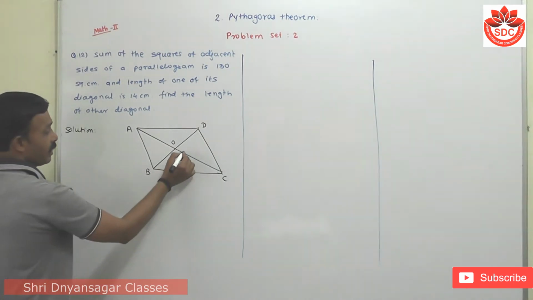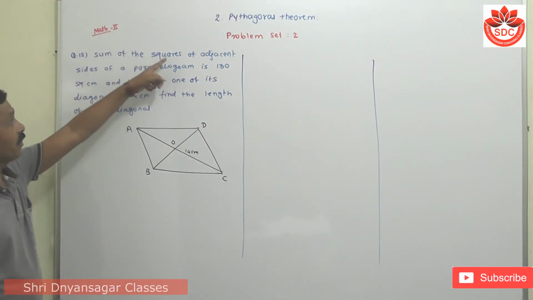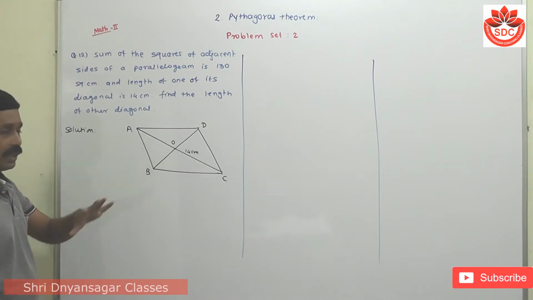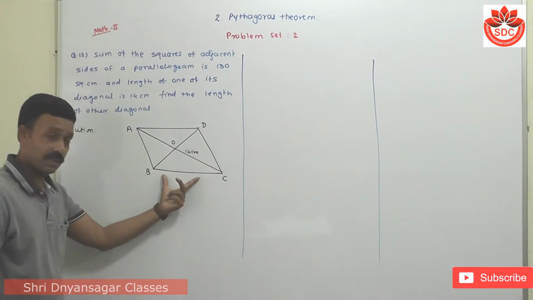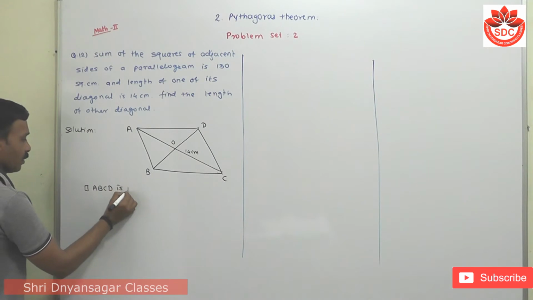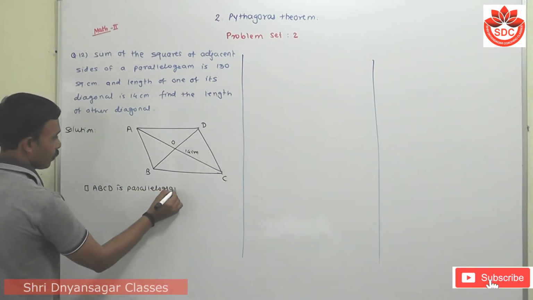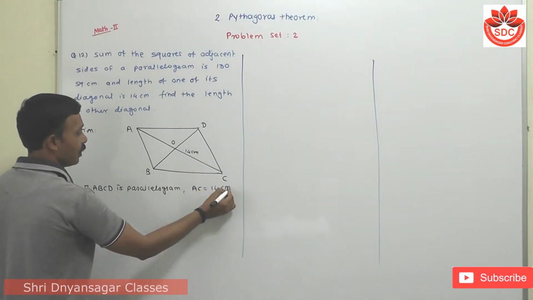Now here AC is given 14 centimeter and the sum of the squares of the adjacent sides of the parallelogram. You have to take any sides. I have to take here AB and BC, so that quadrilateral ABCD is a parallelogram. Here AC = 14 centimeter.